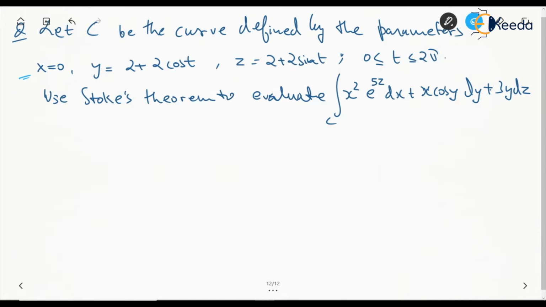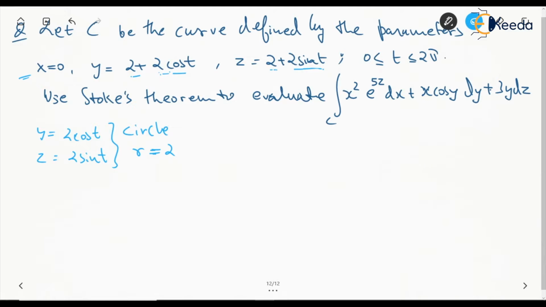Now this 2 cos t and 2 sin t, it means it is a parameter of a circle. If I say y is equal to 2 cos t and z is equal to 2 sin t, then it is a circle with radius equal to 2.